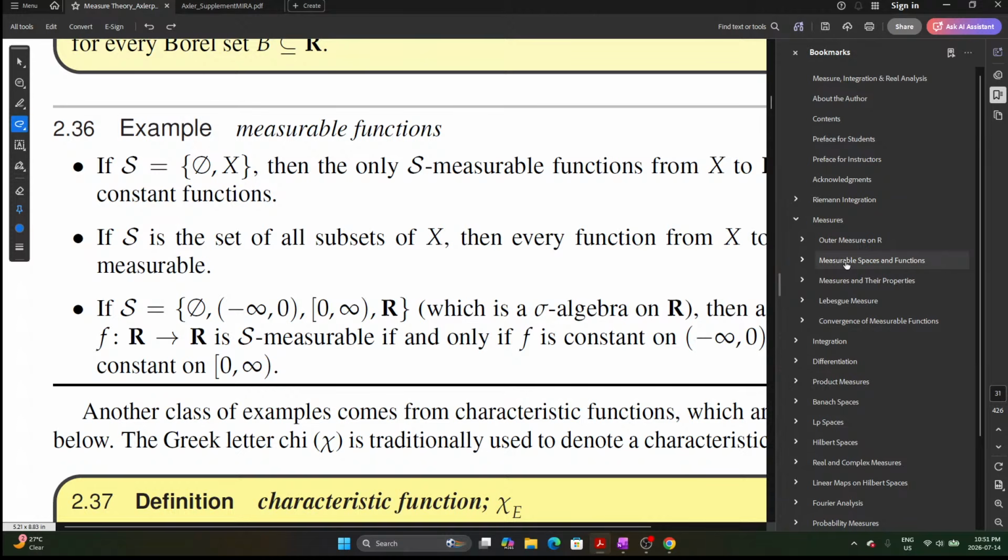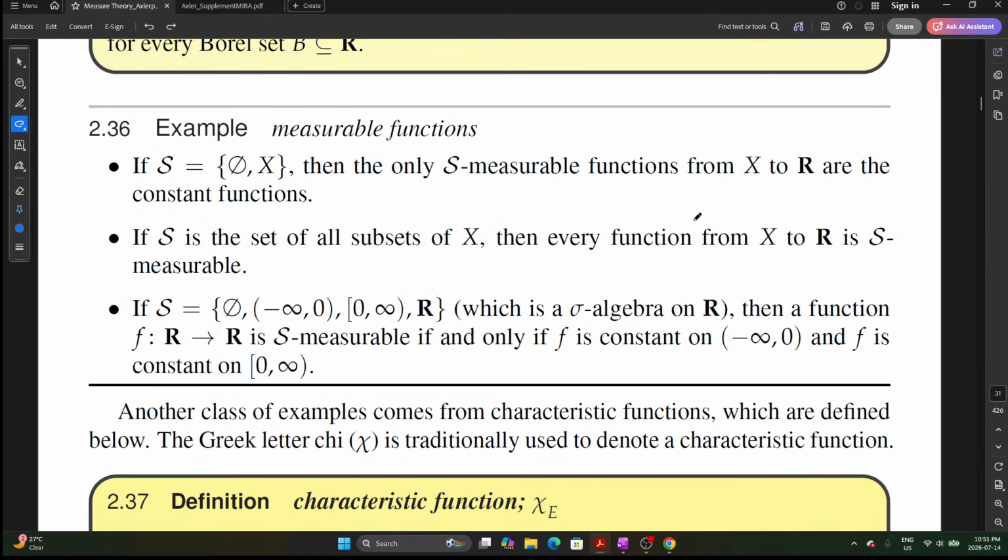So that's one of the biggest results of this chapter. So if you manage to construct a Lebesgue measure on the reals, probabilistically speaking, we have defined the uniform distribution. The uniform distribution is equivalent to the Lebesgue measure.